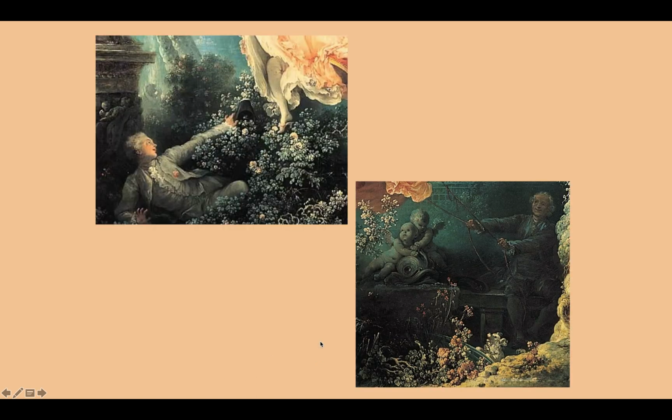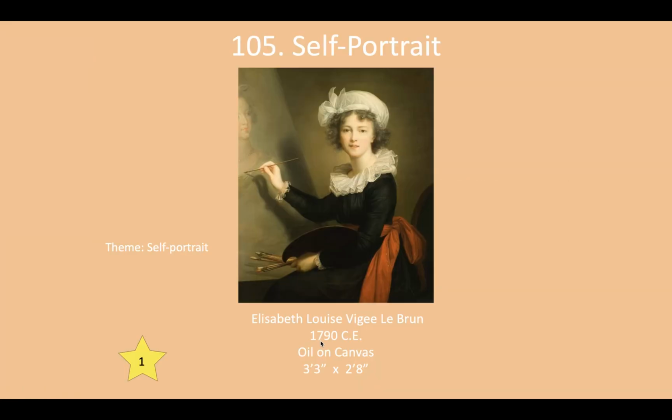That leads us to the next piece, which is actually a self-portrait by what is considered to be probably one of the most important Rococo painters of the French court. So what you're looking at is a self-portrait by Elizabeth Louise Vigée-Lebrun.